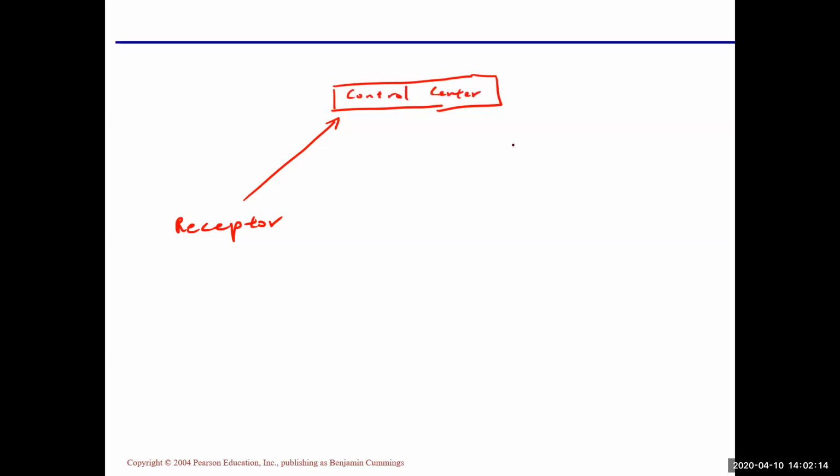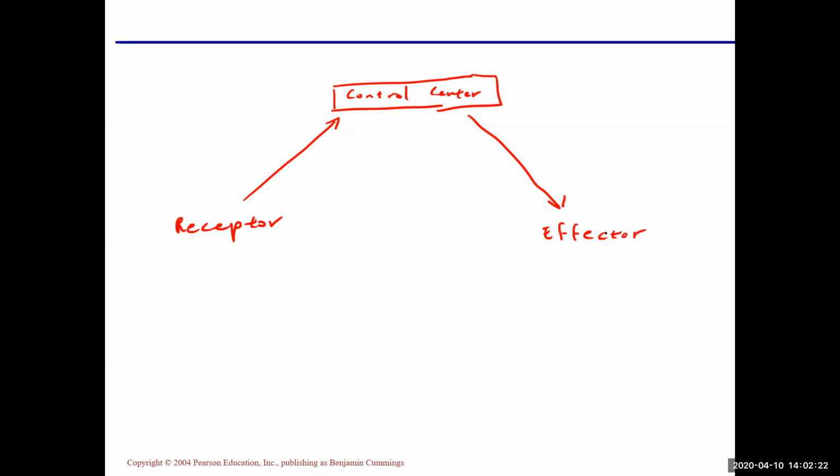In the previous chapter, where we had control over the effector, if you recall, we mentioned that you have a receptor, information via the sensory neuron goes to the control center, and from the control center information exits to the effector.